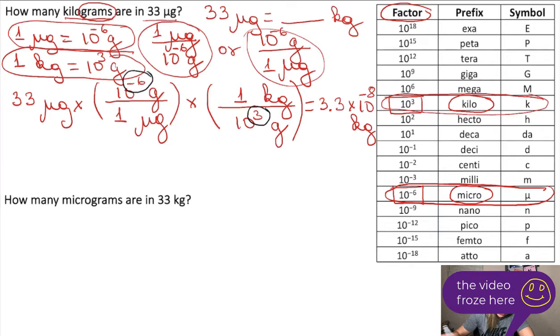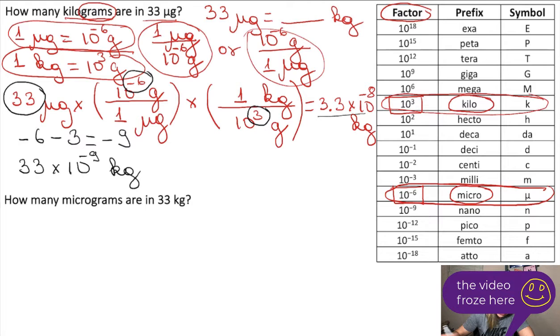So in order to calculate this, I can just take minus 6 minus 3, because I'm dividing by the 10 to the third, which is going to give me minus 9. So I can just take my base number 33 times 10 to the negative 9th, and that is going to be my kilograms. But you might ask, hey, it's not the same number that I got from my calculator.